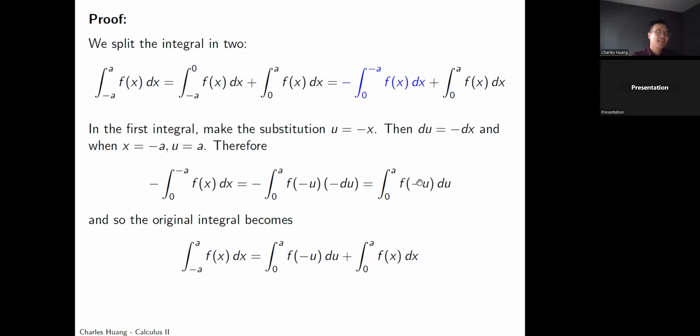So it's telling you, instead of going from 0 to negative a, I can do 0 to a, but I have to add a negative sign to my x value. And because of this, now we change the blue part into that part.